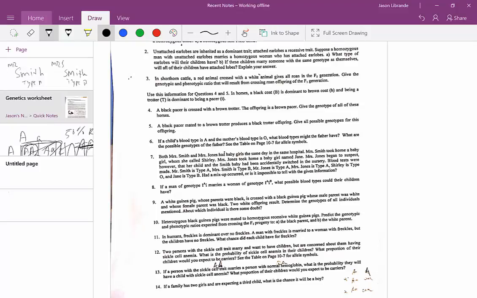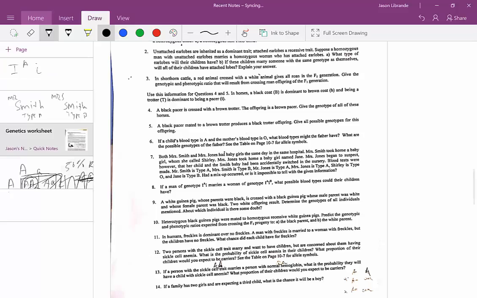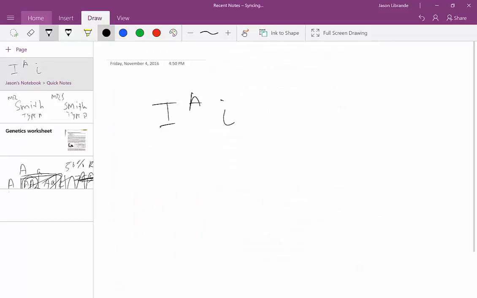Okay, so question 8. Looks like another blood type question. So here we're just doing a simple Punnett square. So I uppercase A, I. And then AB blood type.